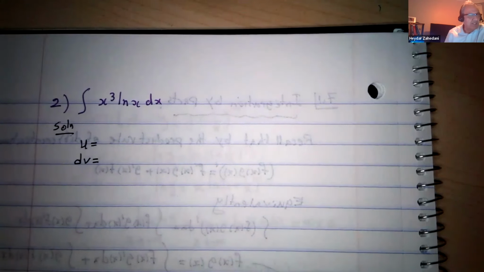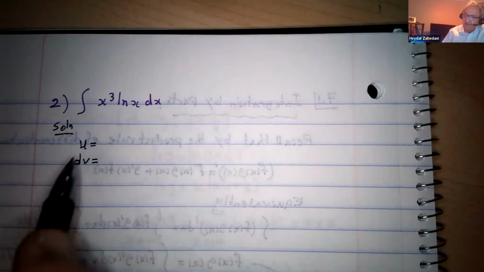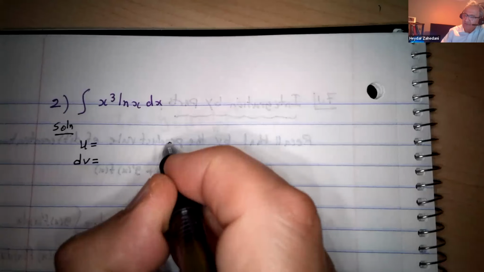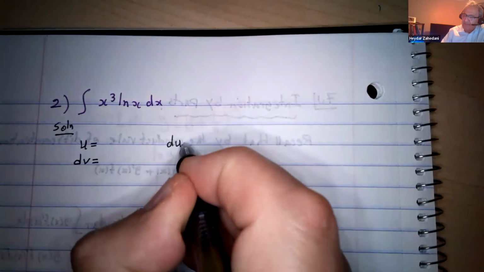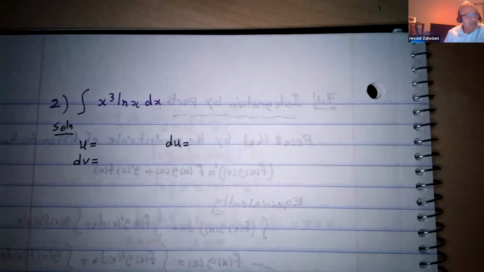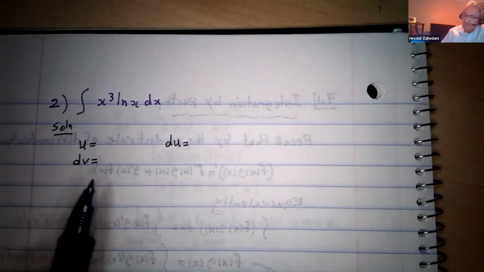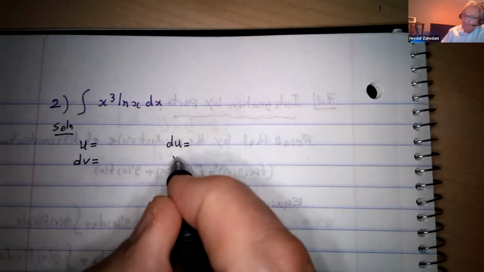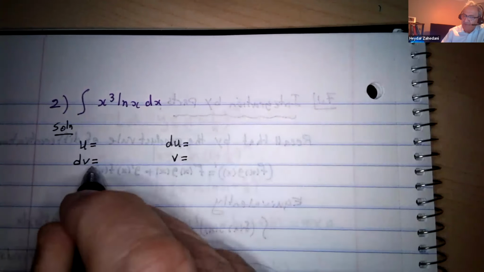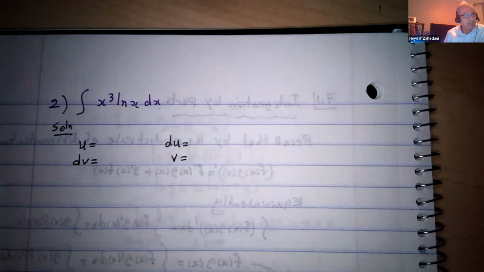Think about the next step. From the u, you have to find the du. You see, the derivative is easy to handle. You can find it all the time. But from the dv, you have to find the v. You have to integrate, which is not easy.